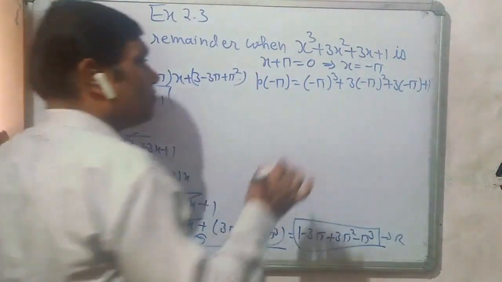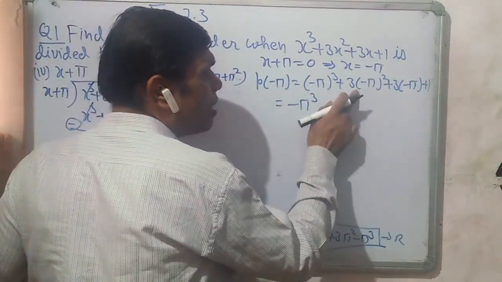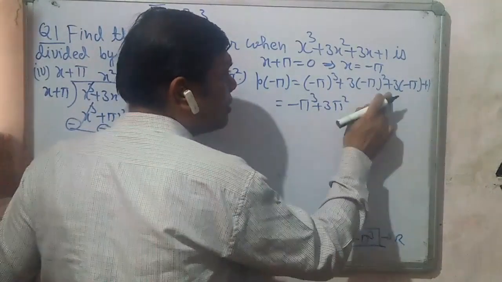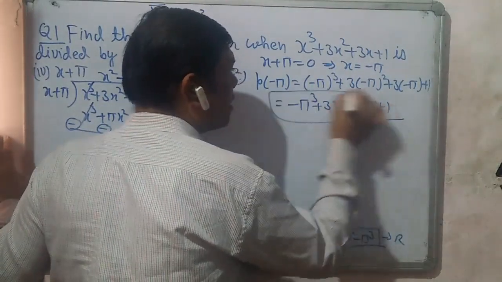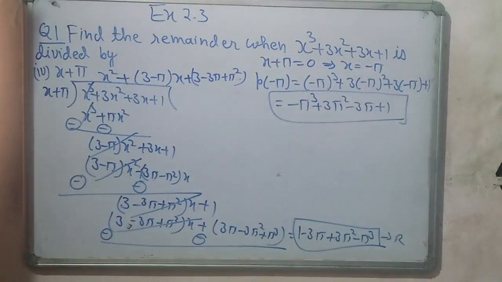What do we get? Minus pi cube plus 3 pi square. Squares are always positive. 3 into minus pi, minus 3 pi, plus 1. Are we getting the same remainder which we got by division? So even in this case, we are able to verify that we are getting the same remainder with both the methods.